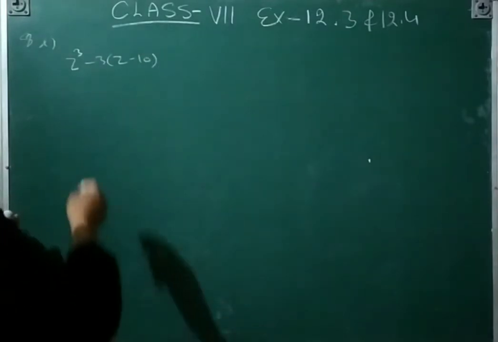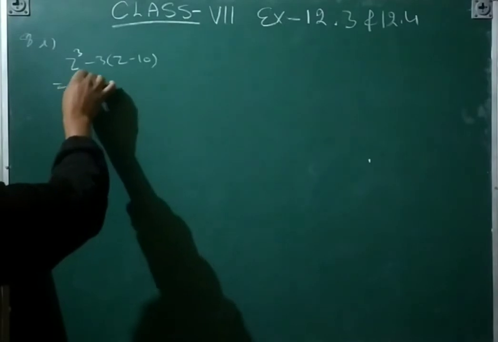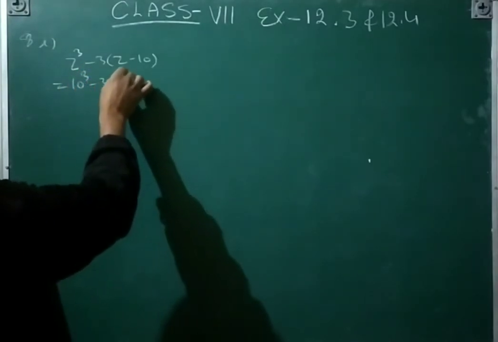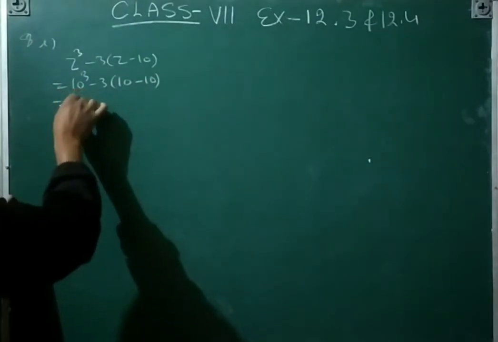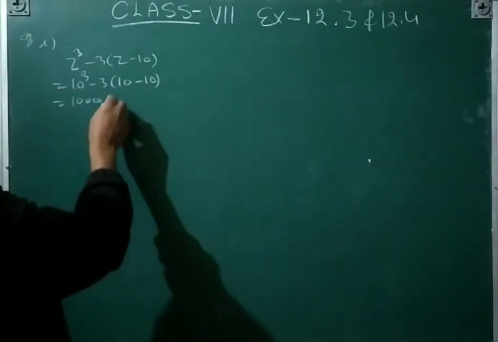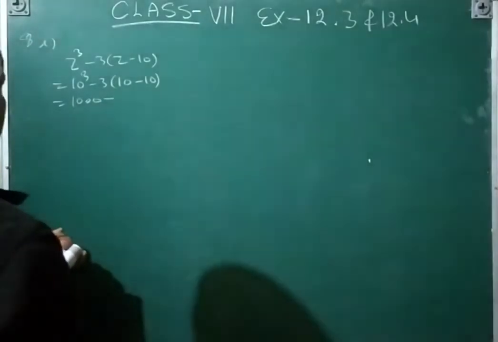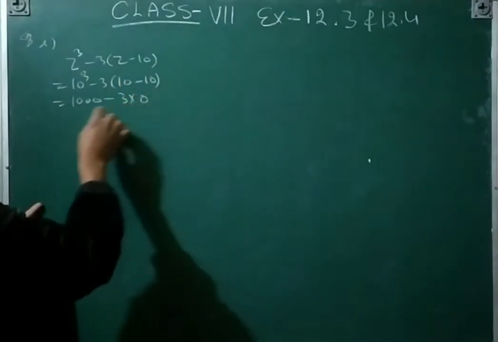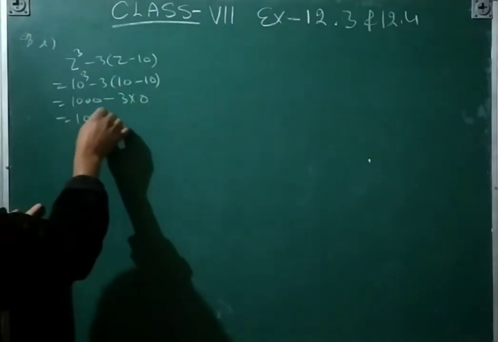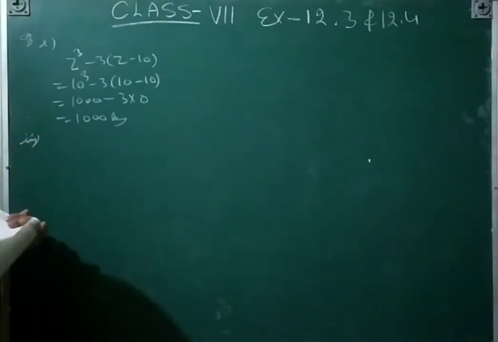The z value is given here as 10. So 10 cube minus 3 bracket 10 minus 10. So 10 cube means 1000, if you write it, multiply 10 in 10 3 times. So 3 into that is 0. 10 less 10 is 0. So that is 1000, the answer.